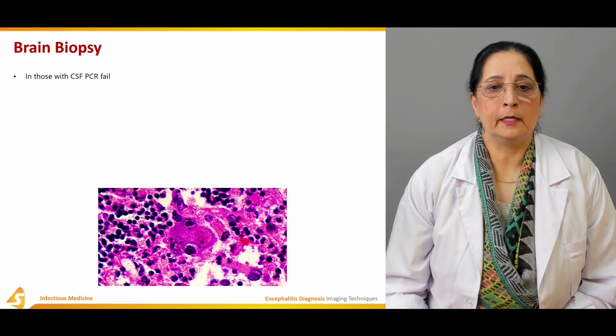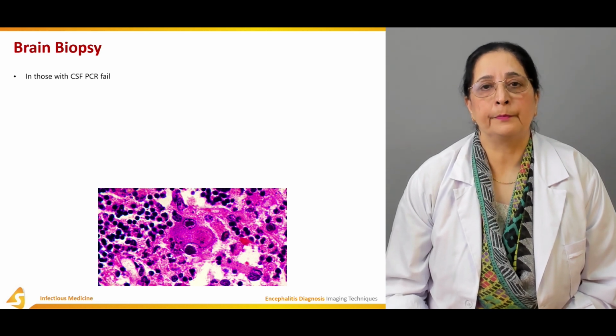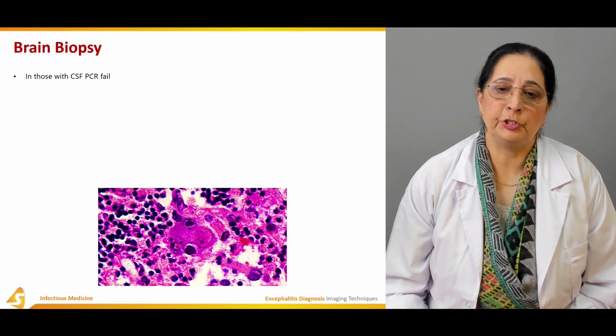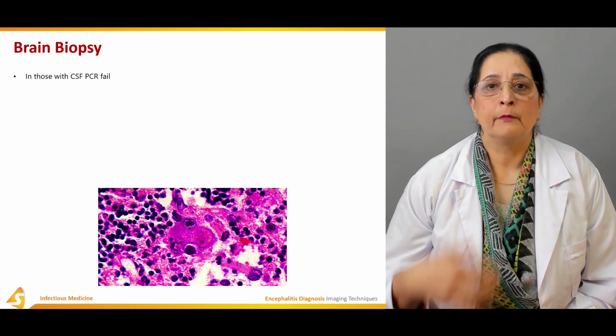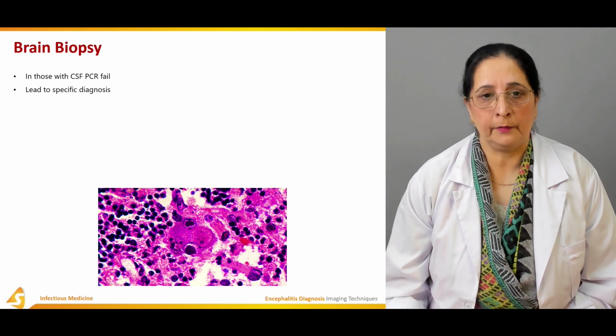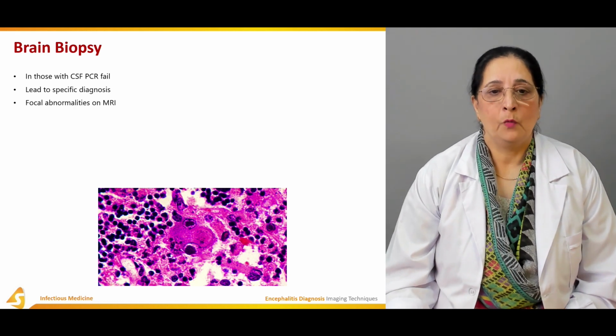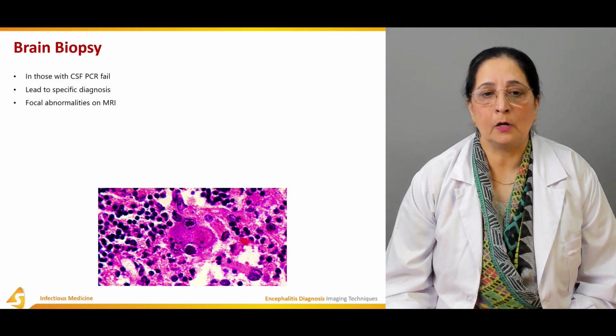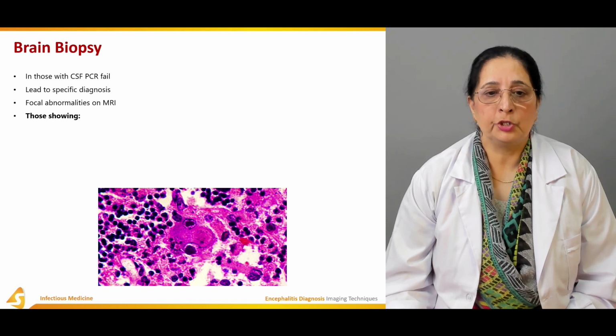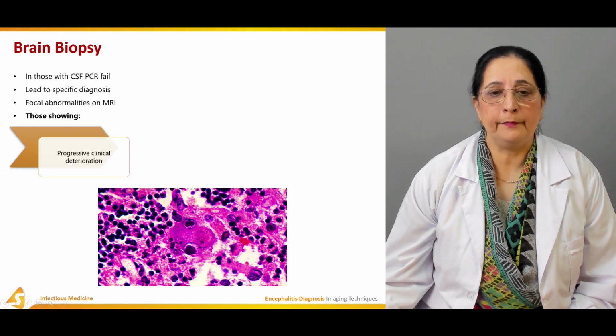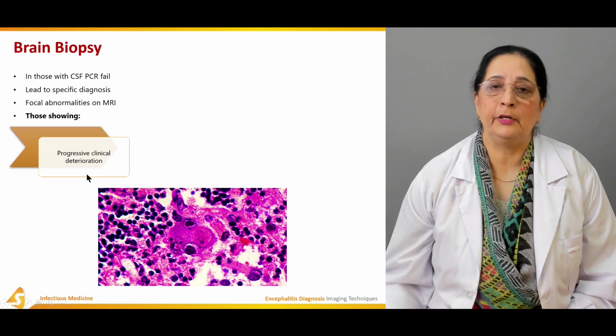Next, the brain biopsy. In those in whom cerebrospinal fluid polymerase chain reaction fails, we go for the biopsy of the brain, which leads to a specific diagnosis, especially with focal abnormalities on MRI and those showing progressive clinical deterioration.